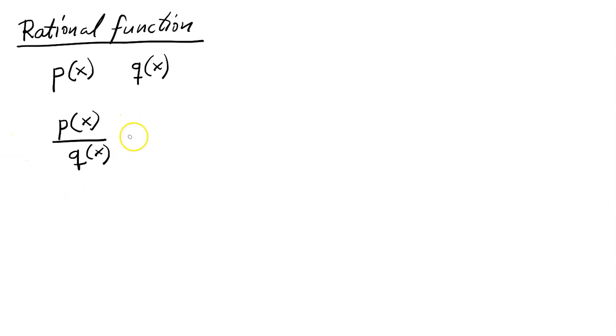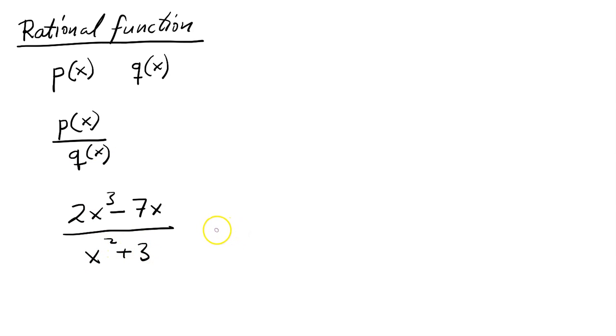So for example, if we have a polynomial in the numerator, 2x^3 minus 7x, and then in the denominator we have another polynomial, x squared plus 3. This is a rational function. So we have a division of two polynomials.